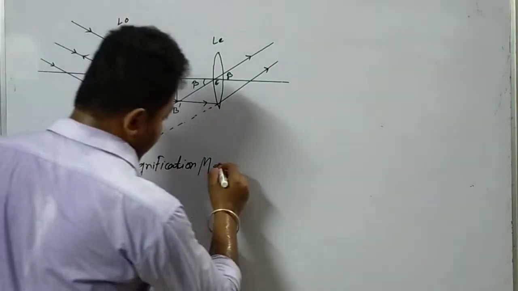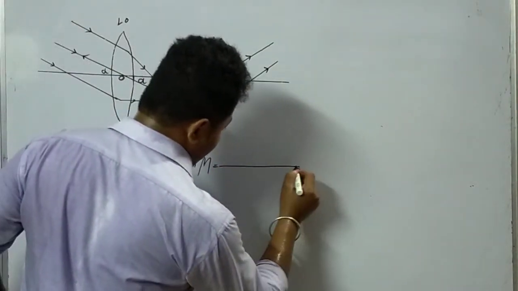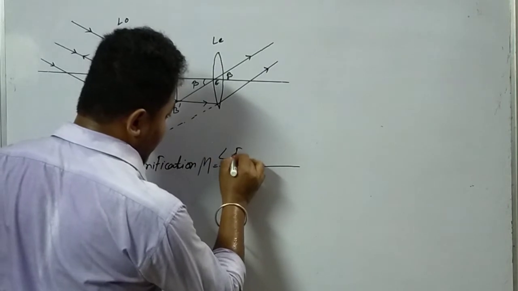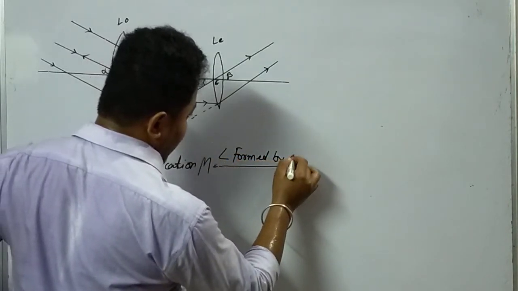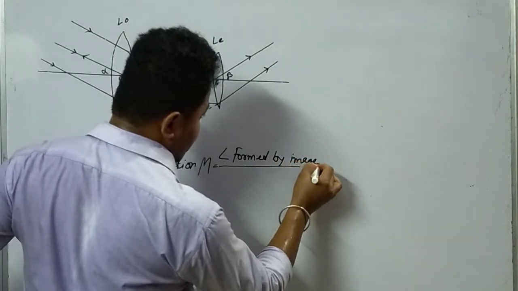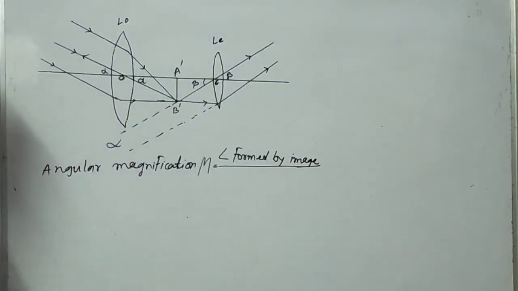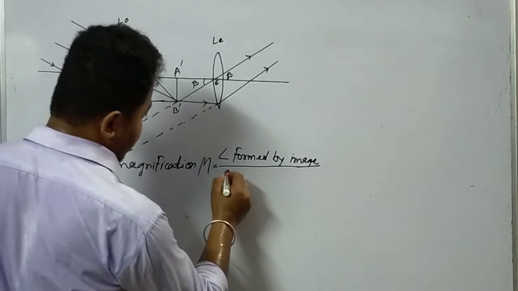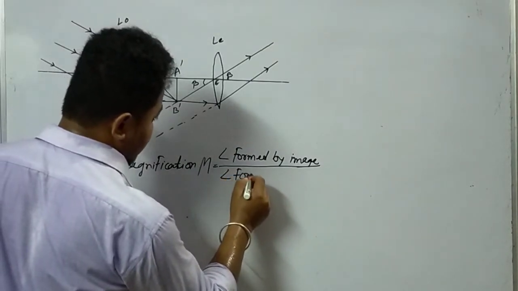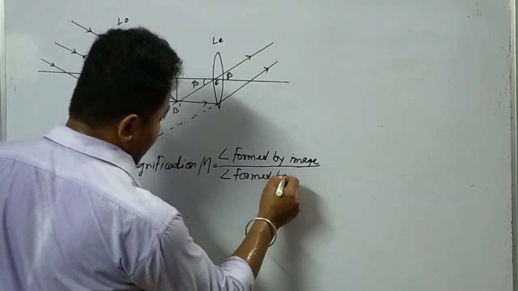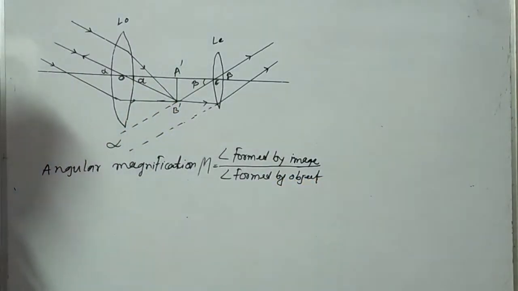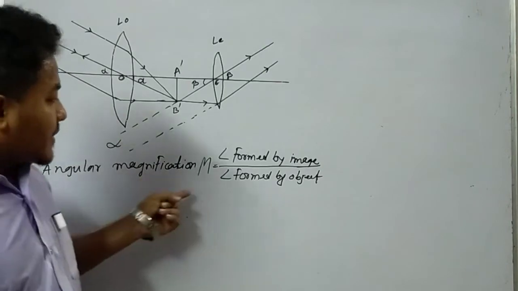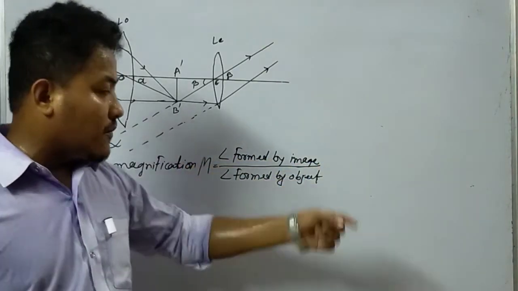As you know, the angular magnification M will be found as the angle formed by the image divided by the angle formed by the object. Okay, this is the angular magnification.